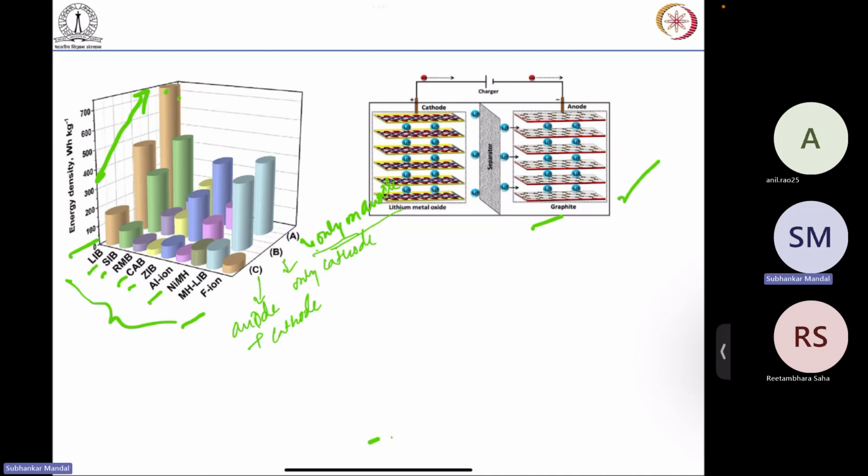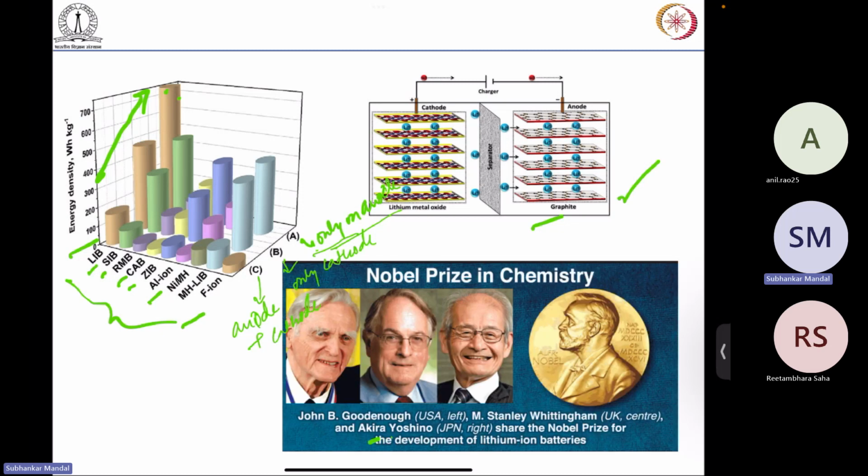For this energy storage, for lithium-ion battery development, people got the Nobel Prize in 2019. These three key persons got the Nobel Prize. This one is John Goodenough, the middle one is Stanley Whittingham, and the left one is from Japan, Akira Yoshino.